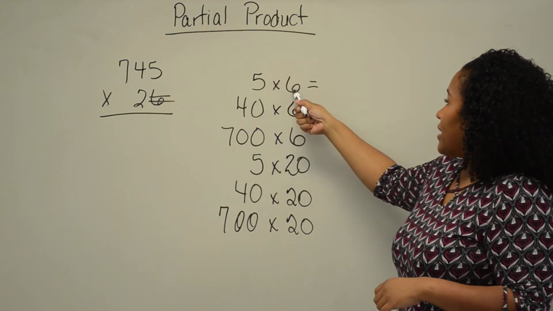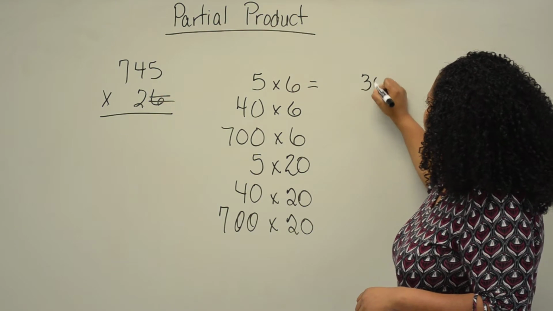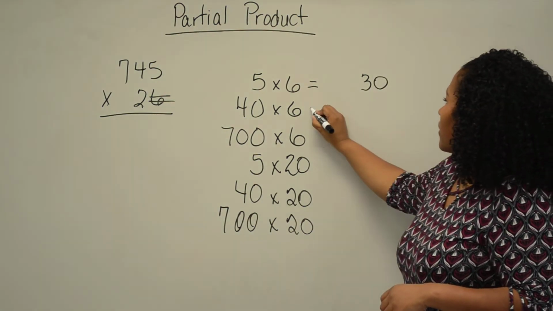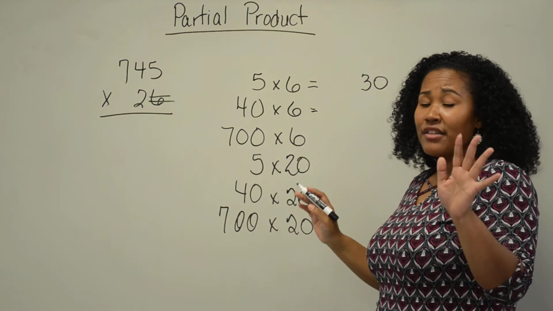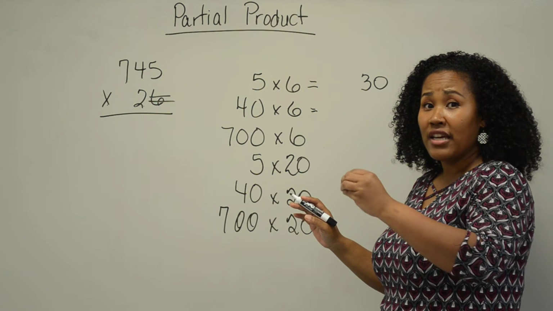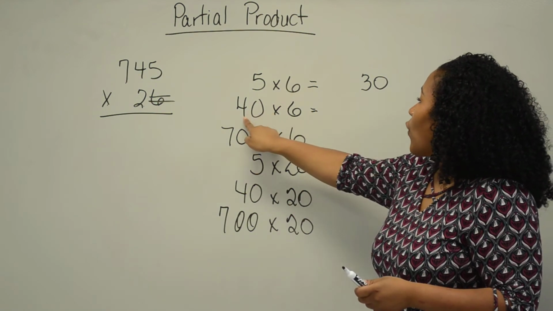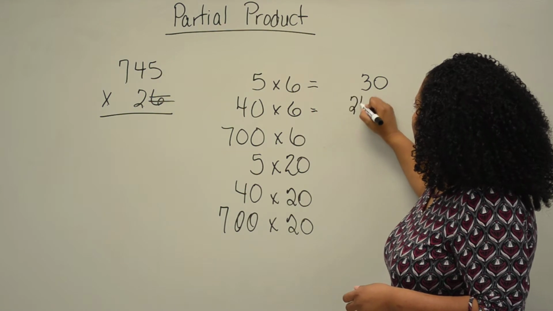What is 5 times 6? 5 times 6 equals 30. Here we have 40 times 6. So for right now, since we're multiplying with zeros, we're going to ignore the 0 and put it in at the answer, okay? So what is 4 times 6? 4 times 6 equals 24.